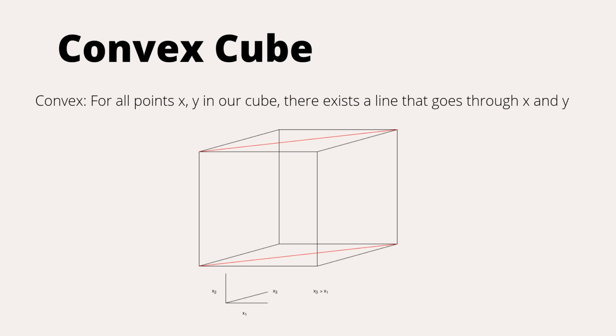Let's imagine the entire cube for a moment. You can pick any 2 points inside of a cube, and we can find a line that goes through x and y and stays inside of our cube. This line does not leave the cube. If we pick a point here and a point here, we can find a line that connects the two. If we pick this corner and this corner, we can draw a diagonal to connect the 2 points.